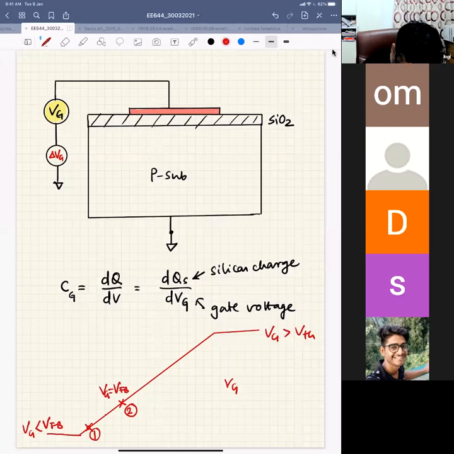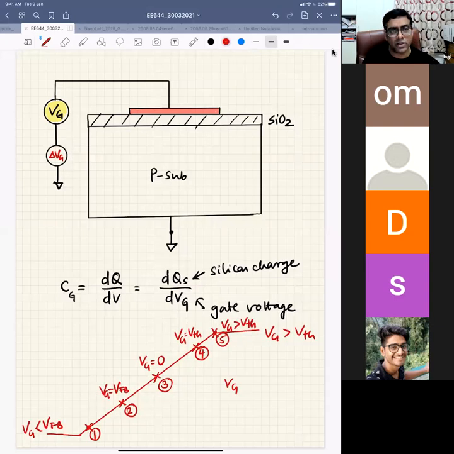In between, you will have somewhere VG equal to 0, gate voltage equal to 0. So let's say this is point 3. Then at point 4, your VG equals VTH. And let's say this is point 5, with VG greater than VTH. So these are 5 points.